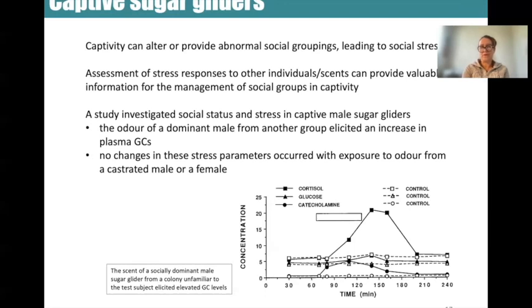So yes, but again, not any investigation as to how that is reflected in the wild and how dominant males of wild social groups might respond to the scent of other dominant males.